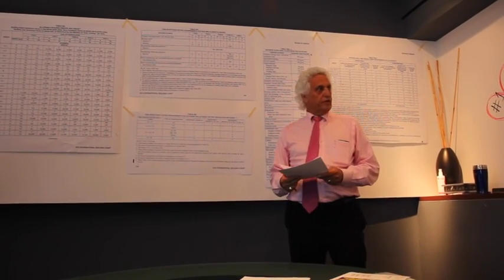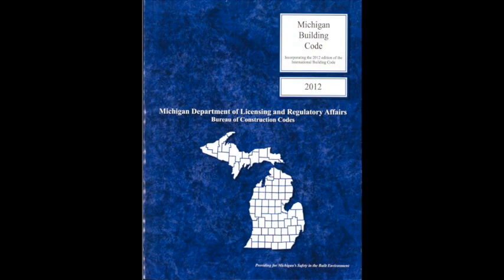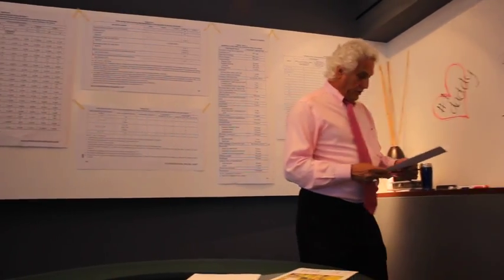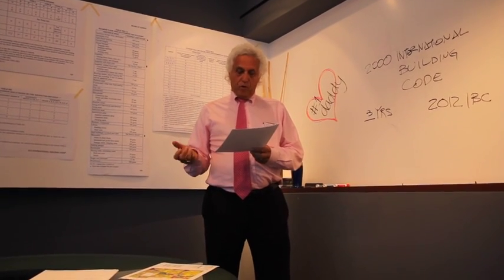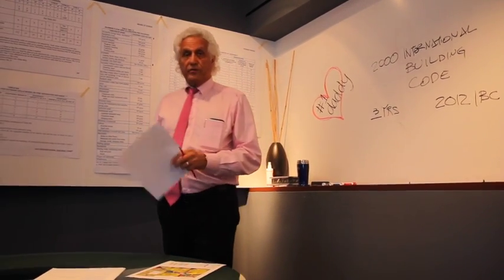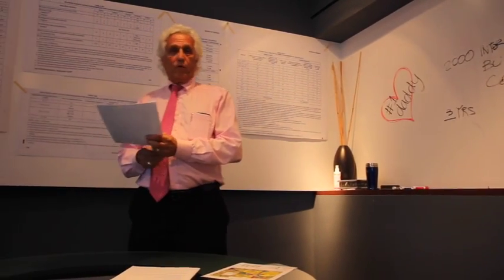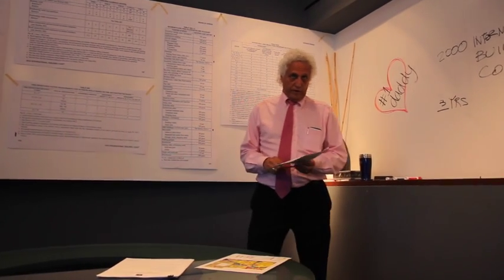A little bit of history on the Michigan Building Code. In Michigan, there have been mainly 2 codes, the BOCA Code and the Uniform Building Code. And some communities had their own. By example, Dearborn had its own building code, and so did the city of Detroit.